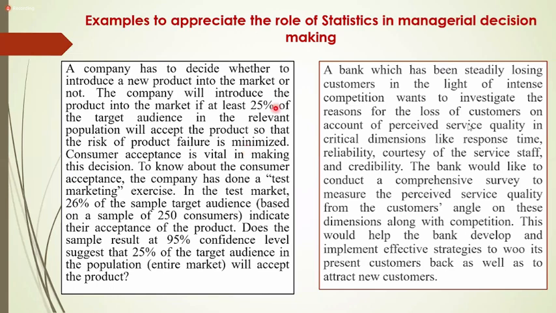At least 25% of the individual population accepting their product, being ready to buy their product, then they are ready to introduce that product into the market. This is their benchmark. This will be decided based on their historical background, their knowledge and experience, right? From the previous facts, they formulated this benchmark.